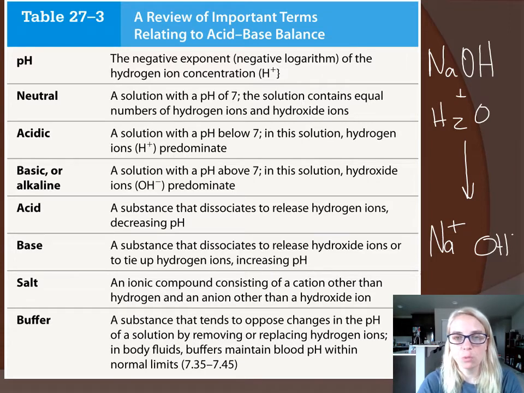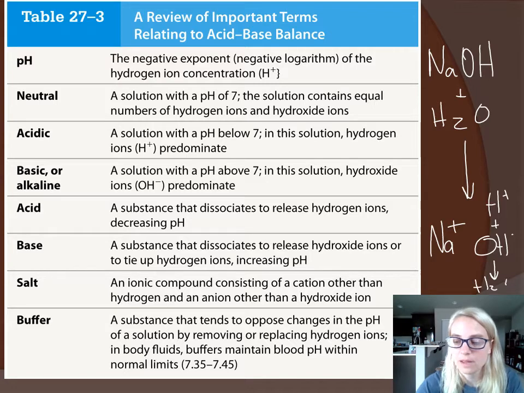Water just floats around, and sometimes the hydrogens come off. So the hydroxide will steal any hydrogens and convert that to water. Basically, the OH minus is taking hydrogen ions out of solution. It is a proton or hydrogen ion acceptor. So sodium hydroxide is considered a base because it reduces the concentration of hydrogen ions in that solution.